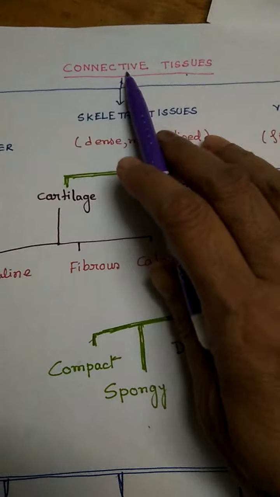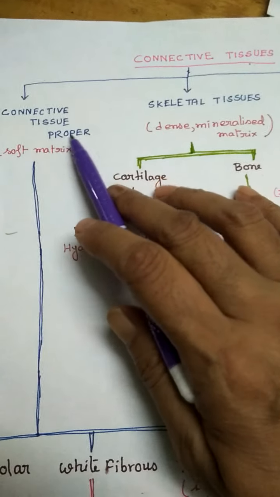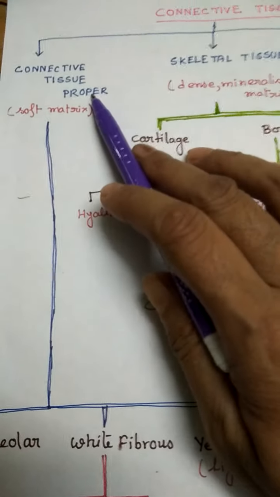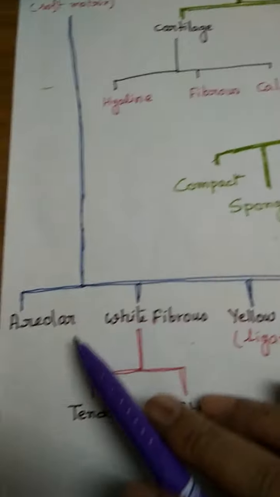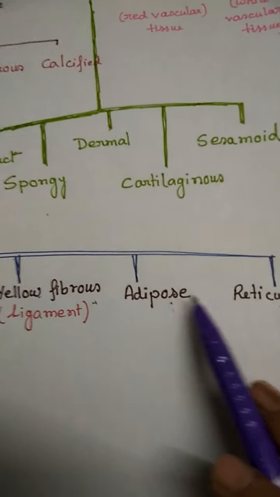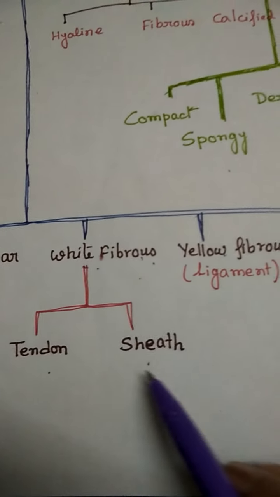So at a glance, connective tissue is of three types: connective tissue proper, skeletal tissue and vascular tissue. Connective tissue proper again is divided into areolar tissue, white fibrous, yellow fibrous, adipose and reticular, and white fibrous, tendon and sheath.